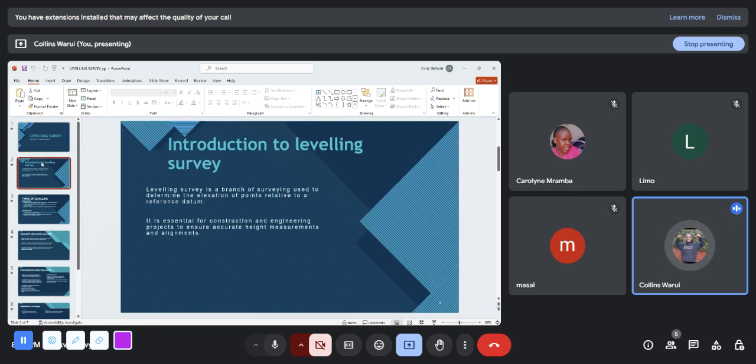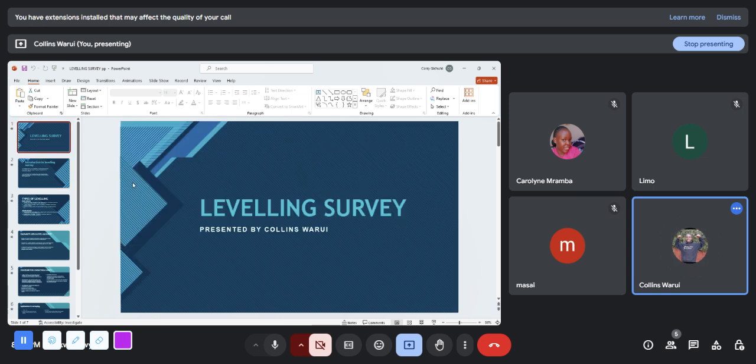So, who can tell me what leveling survey is? Caro: It is the process of determining Earth position.